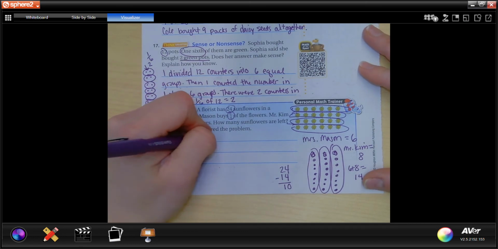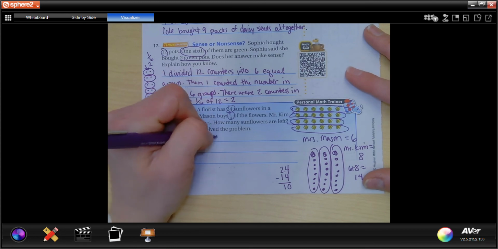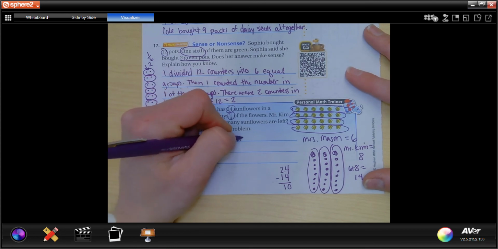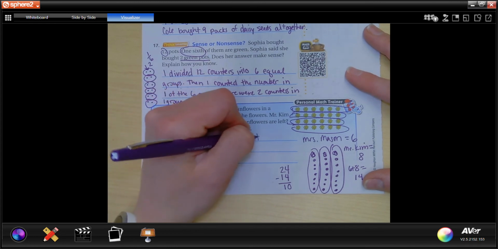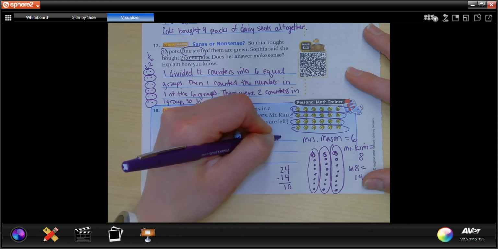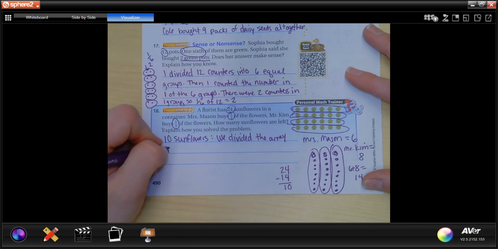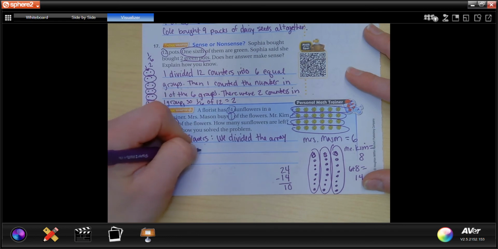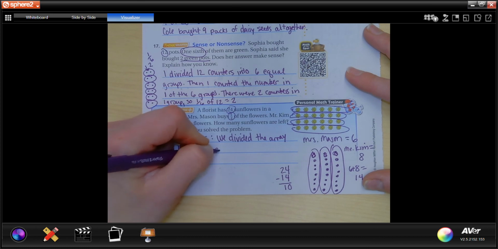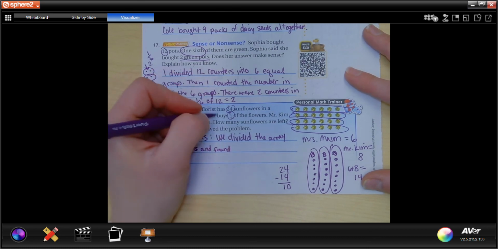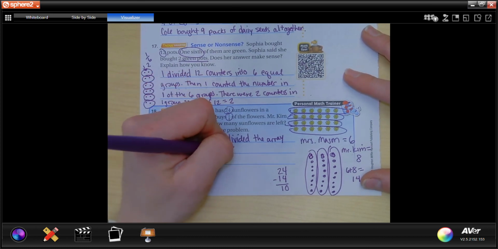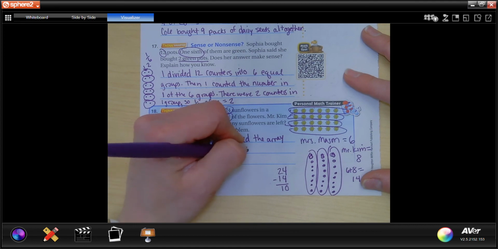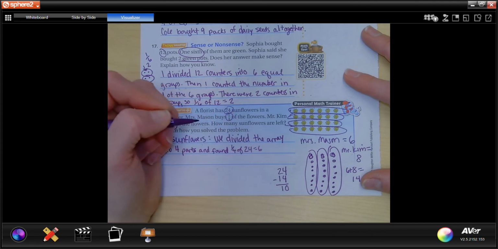We know this because we divided the array into 4 parts and found 1/4 of 24 is 6.